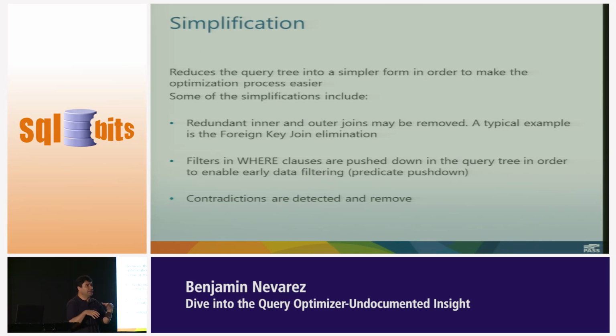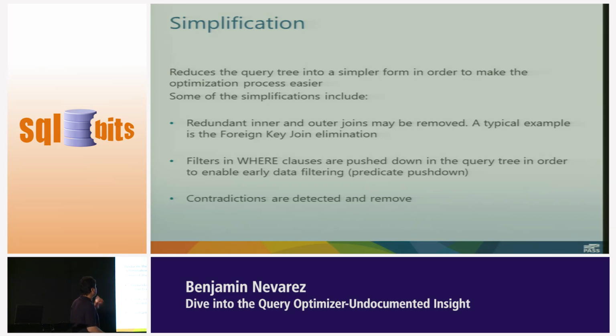The next thing the optimizer is going to do is simplify that initial logical tree. So it may remove some operations or make changes to do the optimization process better and even improve the performance of the query. For example, the optimizer may be able to eliminate some joins. I'm going to show that in the next demo.